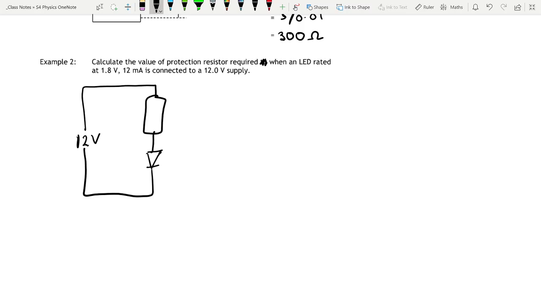Okay, it's 12 milliamps going around the circuit. It's a series circuit, so it's the same at all points. And we know that the LED is 1.8 volts. Okay, so we want to know what the voltage across the resistor is first of all. We'll call that VR. And we also want to know the value of the resistor.